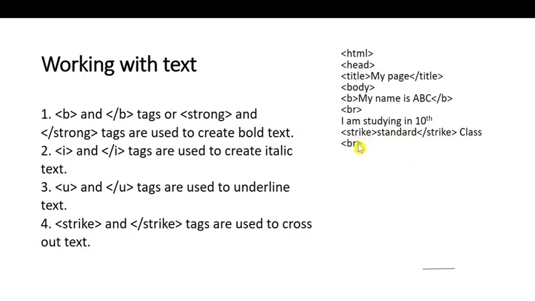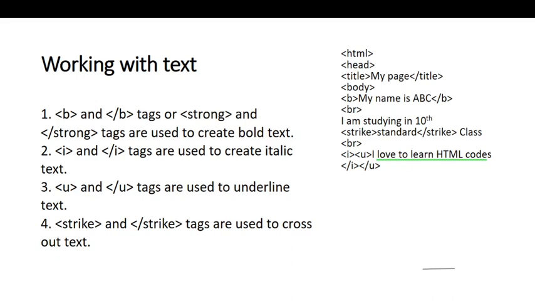Next comes BR. Then we are applying I and U. I is italic and U is underline, and the text is "I love to learn HTML codes." This text will appear in italic as well as underlined.